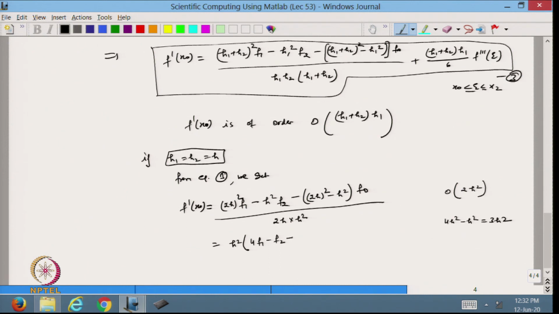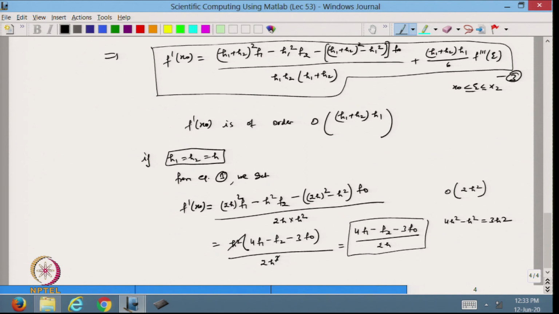So this is minus 3 f0 divided by 2h cube. I have taken h square common, and this one I will cancel out. So from here I will get that this is equal to 4 f1 minus f2 minus 3 f0, divided by 2h. So I will get this value for the first order derivative, and this is of order h square.